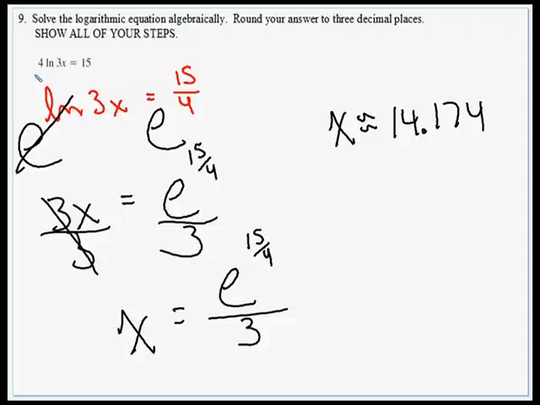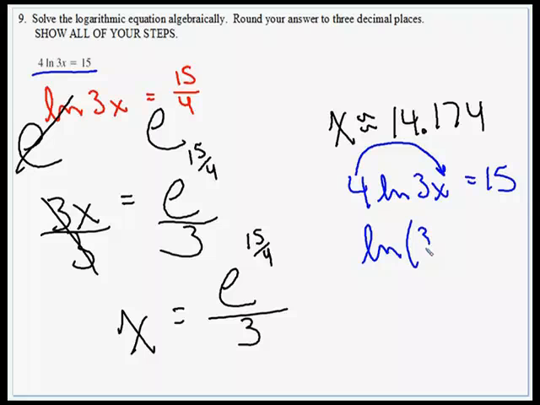Let's see, there might have been a different way to do this. I didn't think of this here. We have 4 ln of 3x equals 15. See, this way might be harder. I don't know if I'm getting myself in too deep. If I move this exponent up, I will have the ln of the quantity 3x to the 4th equals 15. And then we would exponentiate each side.